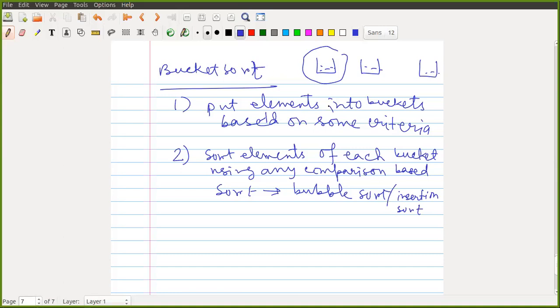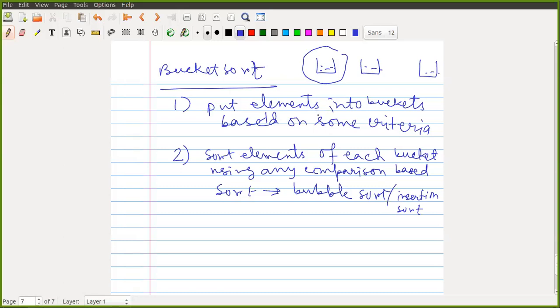So there are two steps. First of all, the input is randomized, and the algorithm is deterministic. Whenever the elements come, we put them into buckets based on some criteria.